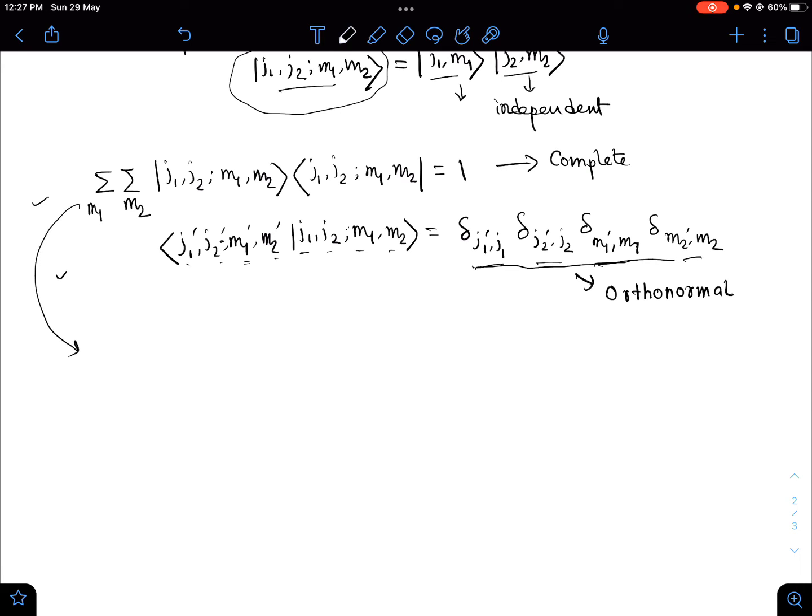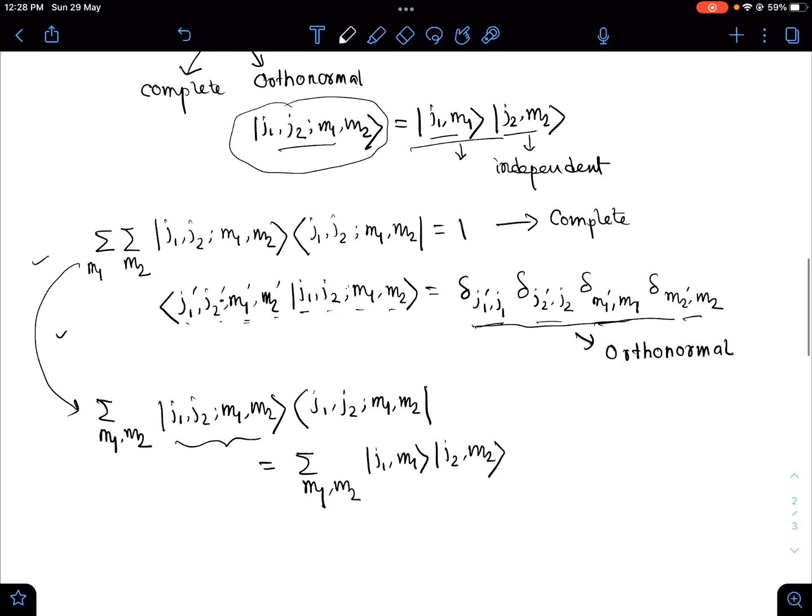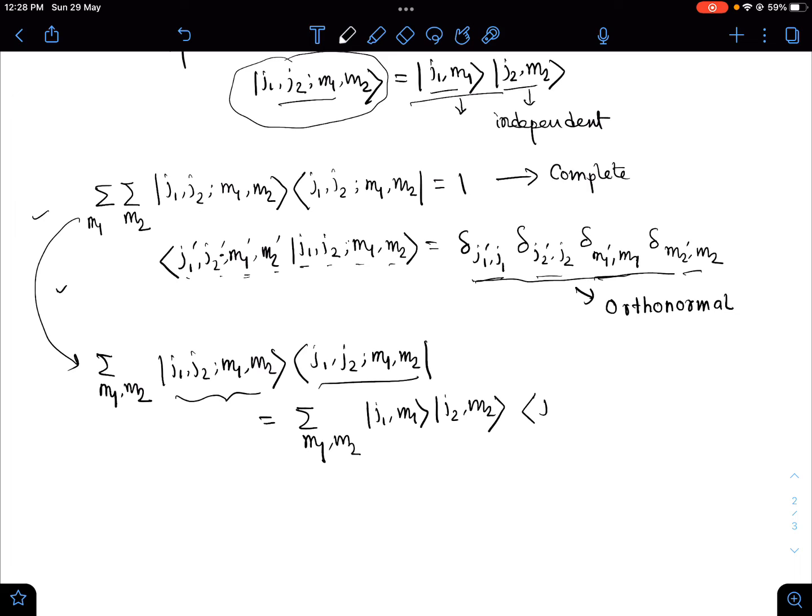We can write this as the summation over M1, M2, and I write this in short form, of |J1, J2, M1, M2> <J1, J2, M1, M2|. This ket term we can write as |J1, M1> |J2, M2>, and this bra term as <J1, M1| <J2, M2|.